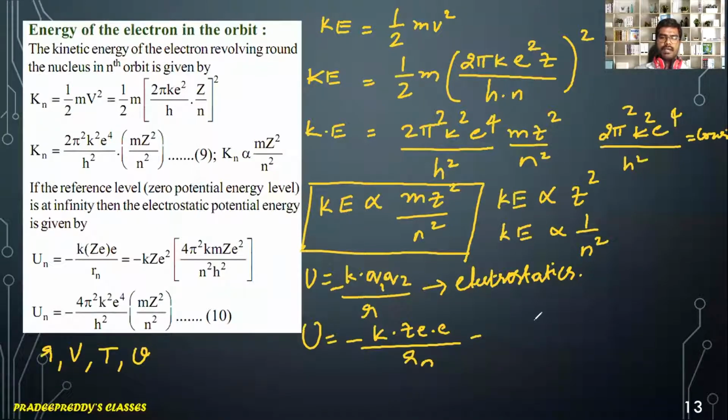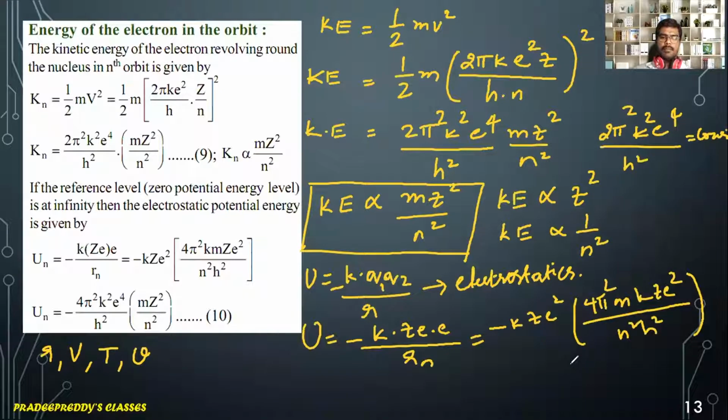If I substitute the Rn value here, you can write minus K Z E square into 4 pi square m into K Z E square divided by n square h square, and this can be simply written as minus 4 pi square k square e power 4 divided by h square into m z square divided by n square.